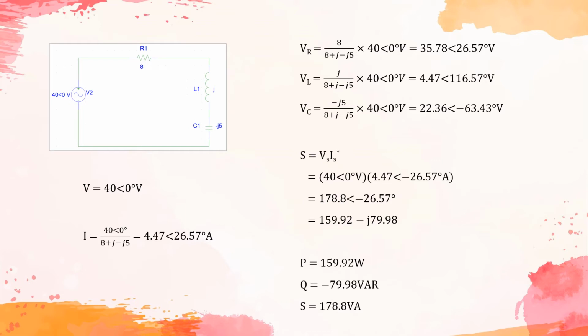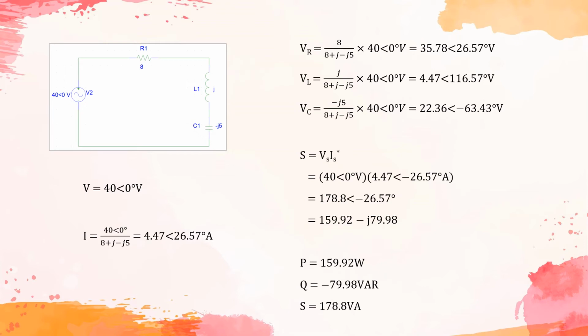As the circuit is in series connection, we will use voltage divider to find each voltage drop. First, we're going to find the voltage drop on resistor 1.